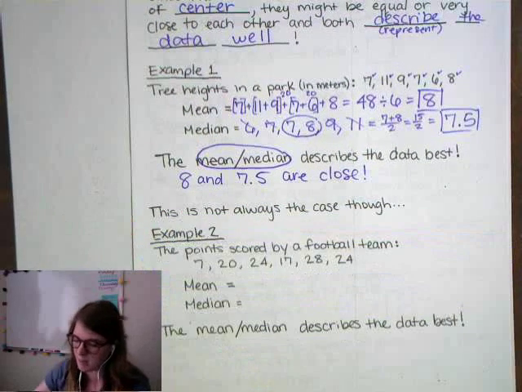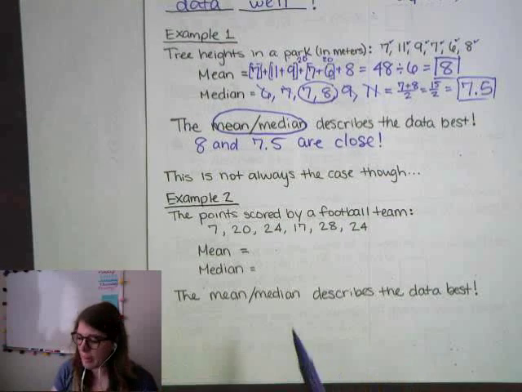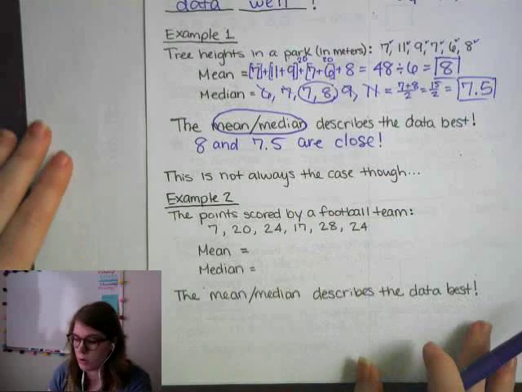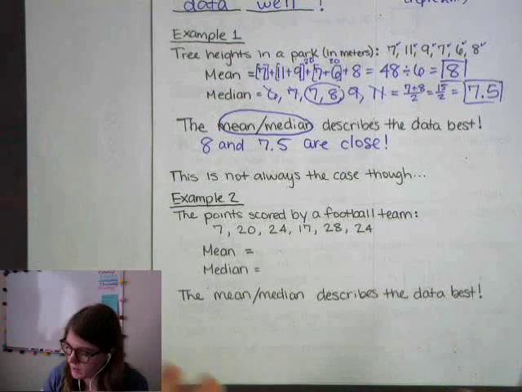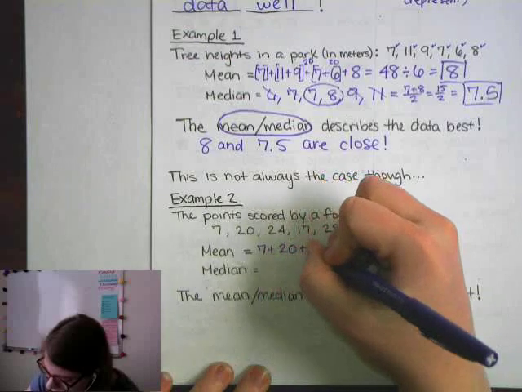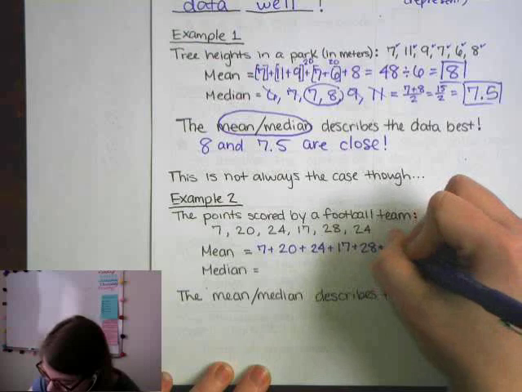So another example, the points scored by a football team. 7, 20, 24, 17, 28, and 24. So for the mean, we're going to add these values up. So 7 plus 20 plus 24 plus 17 plus 28 plus 24.